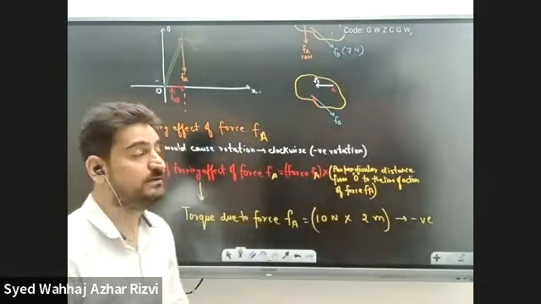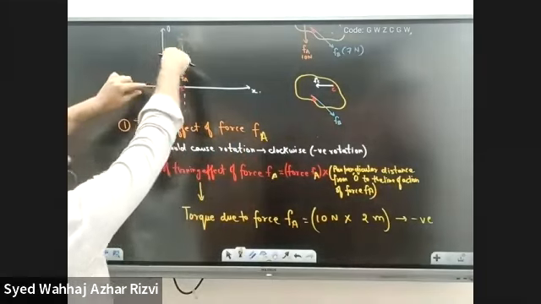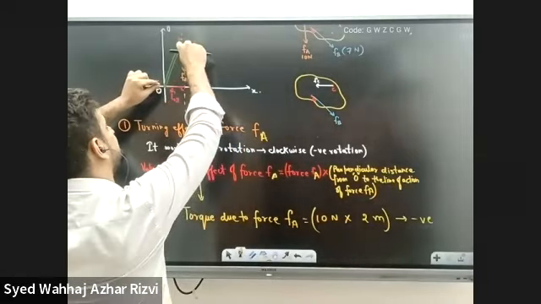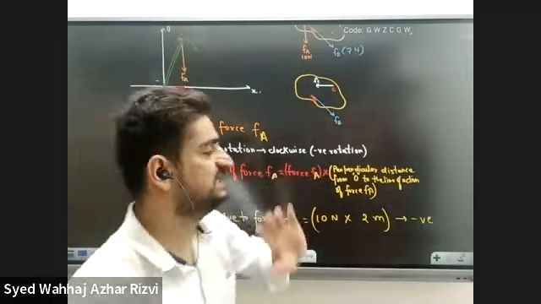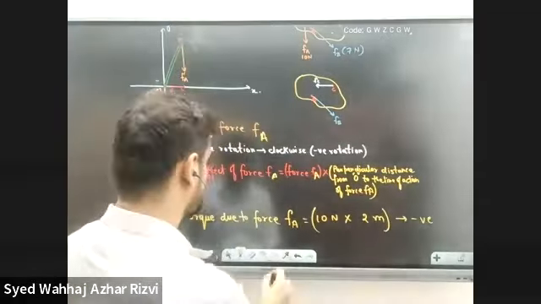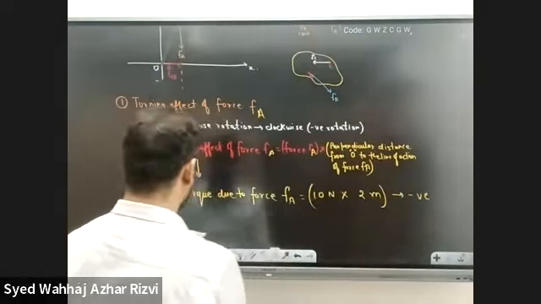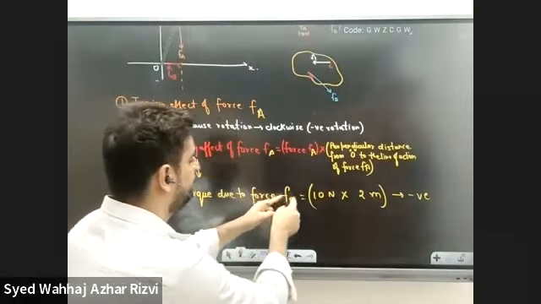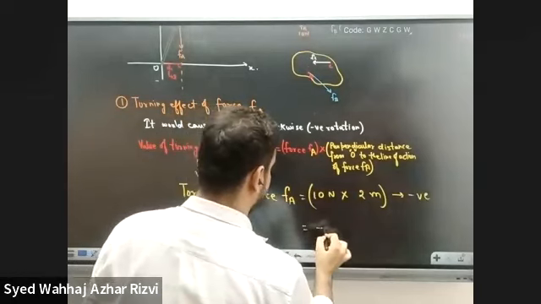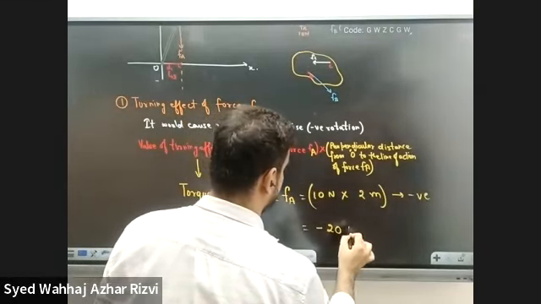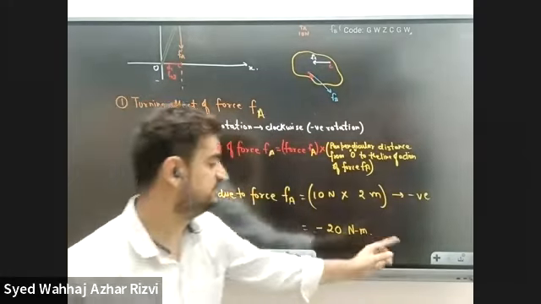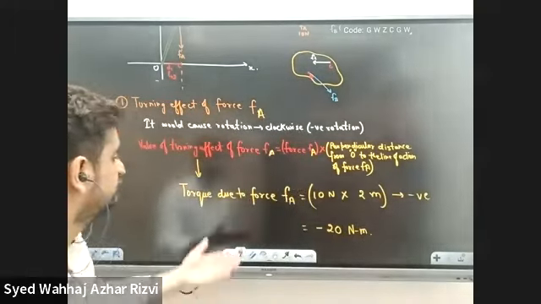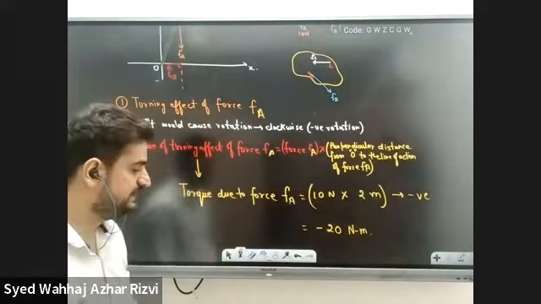Why negative? Because this force is causing this imaginary rod to rotate clockwise, and clockwise rotation is a negative rotation. So we can say that the torque due to force FA would be negative 20 Newton meter. Negative 20 Newton meter. That is the turning effect of force FA, right?